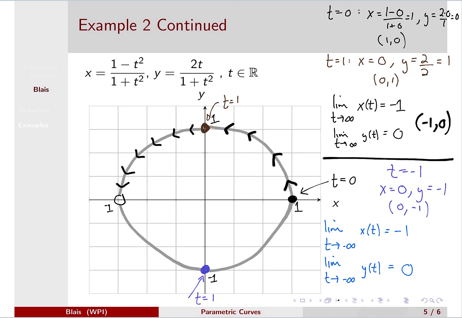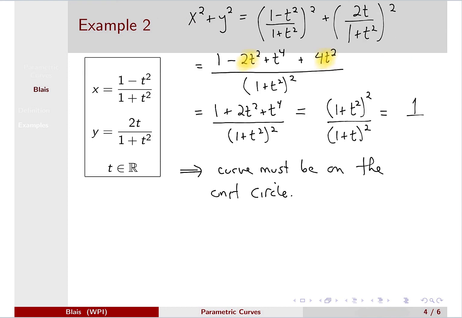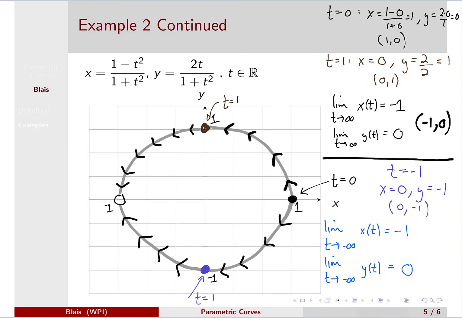So what happens is our parametrization for negative values of the parameter takes us clockwise around the bottom half of the unit circle, approaching the point -1, 0 as t goes to negative infinity.